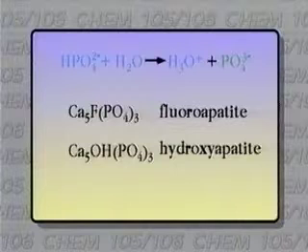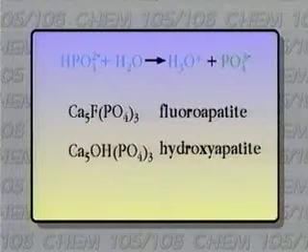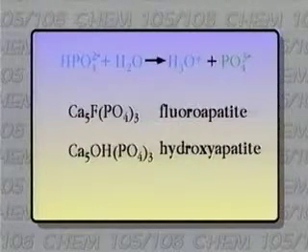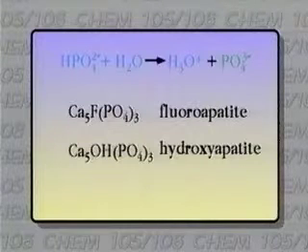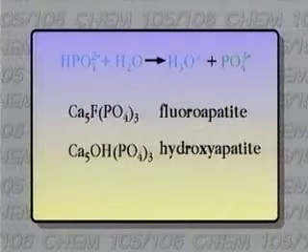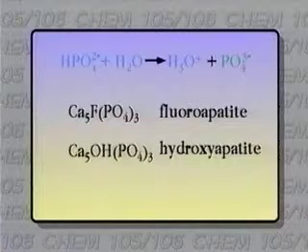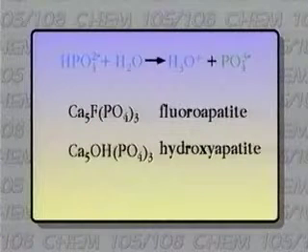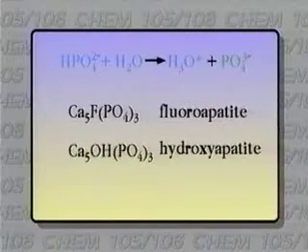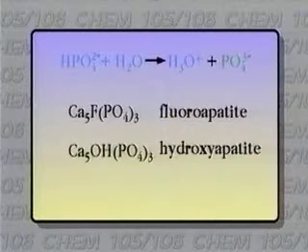And the problem with the enamel in our teeth is the presence of this hydroxide, because the hydroxide is a base. When we eat foods, and foods undergo decay, especially sugars in our mouth, they are slowly converted to acids.